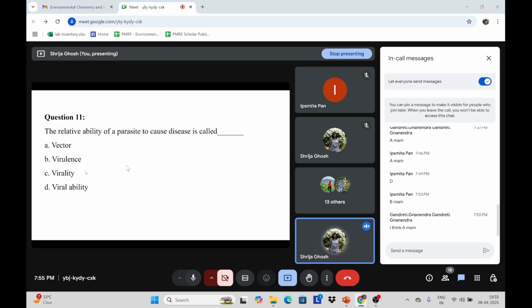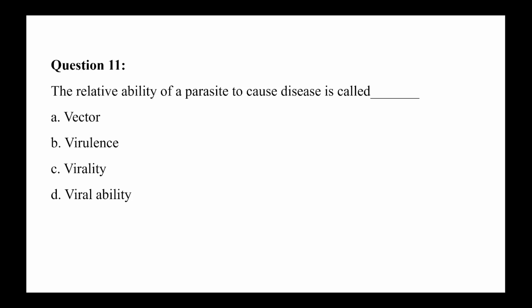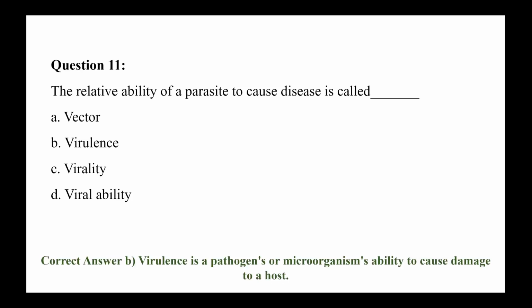Let's see the answer. The correct answer is option B, virulence. Virulence is a pathogen's or microorganism's ability to cause damage to a host. So any microorganism, if it is able to cause a disease, it's called a virulent organism.